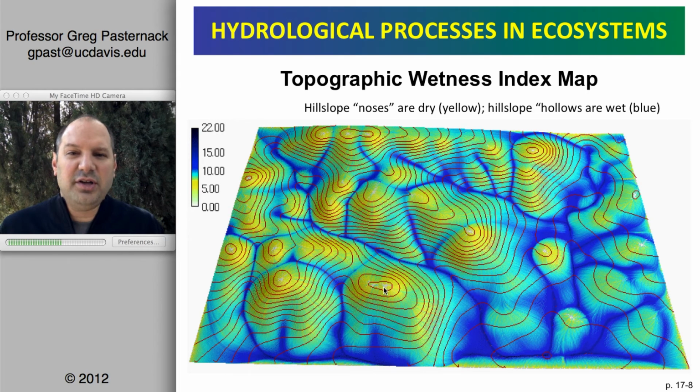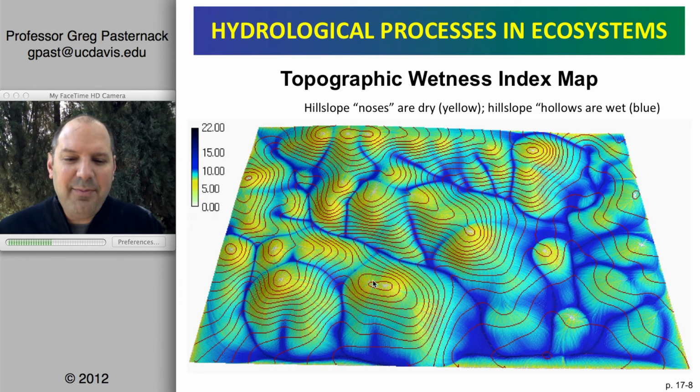A closed contour is a hilltop, and the water is draining away from those hilltops. The colors represent the topographic wetness index, with a low value being dry and a high value, dark blue to black, being very, very wet.